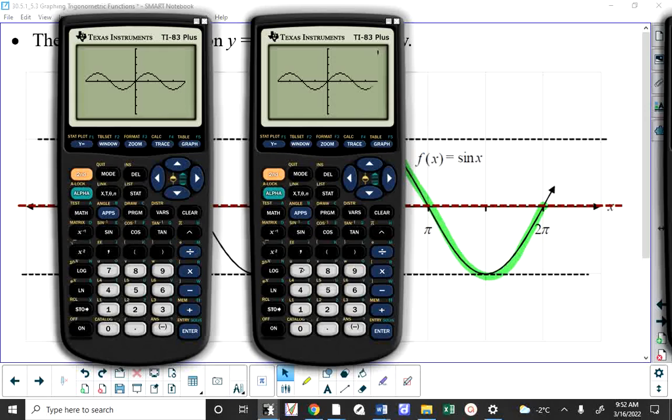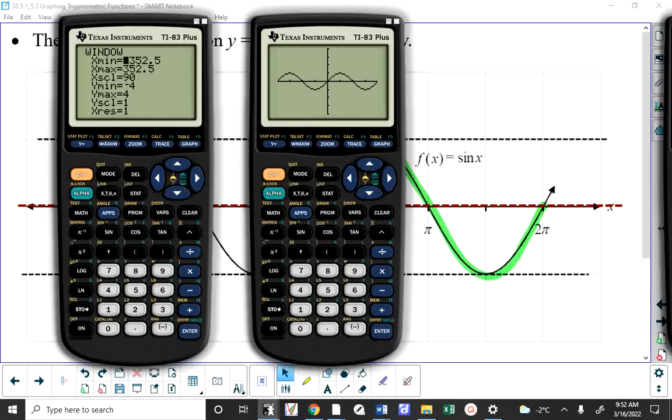Okay, so what I'm telling you is when you want to look at the graph of a trigonometric function, make sure you go zoom trig. What my calculator did on the left calculator is when I hit zoom trig, it looked at the mode and said, oh, this person's in degrees, and it changed the window setting to go basically from negative 360 to 360.